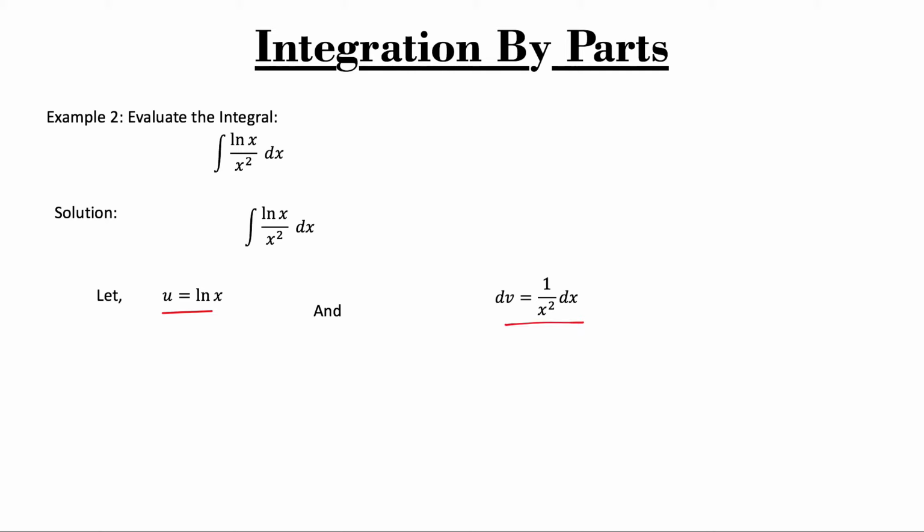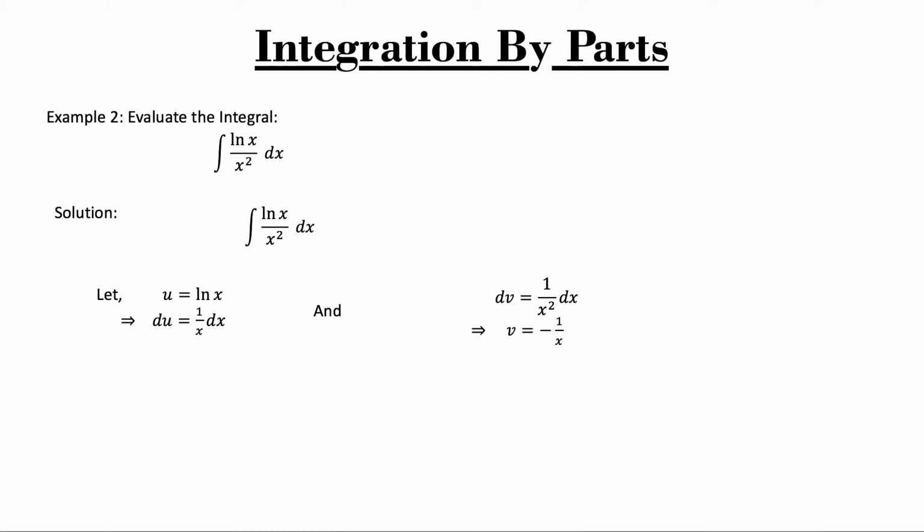You can substitute u equal to 1 upon x squared and dv equal to natural logarithm of x dx, but further it would not help, it would make the integral more difficult, so we will substitute this only. By differentiating both sides here we would get this, and by integrating both sides here we would get this.